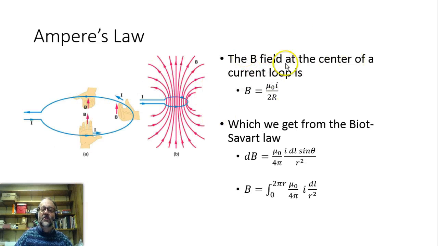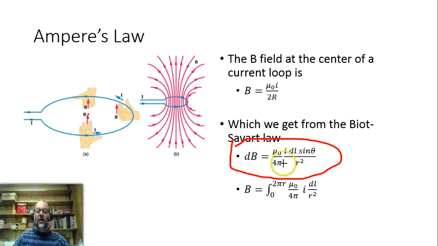So if we consider the B field at the center of a current loop, we are quite literally talking about just the very center of this circle. At the very center of this circle, the current around the edges is uniformly distributed. And we have the Biot-Savart law here: dB equals mu naught over 4 pi times I dl sine theta over r squared.